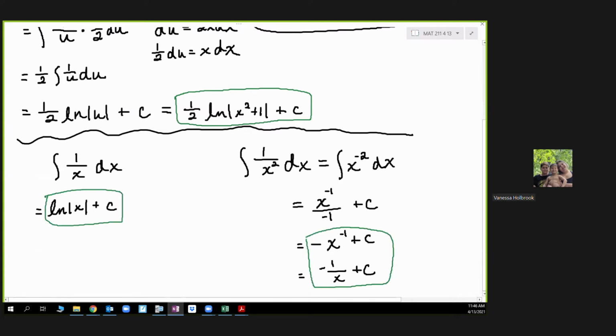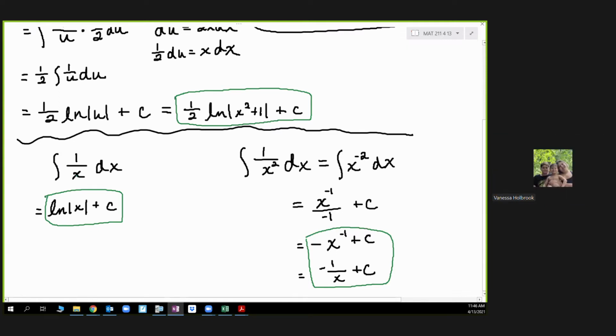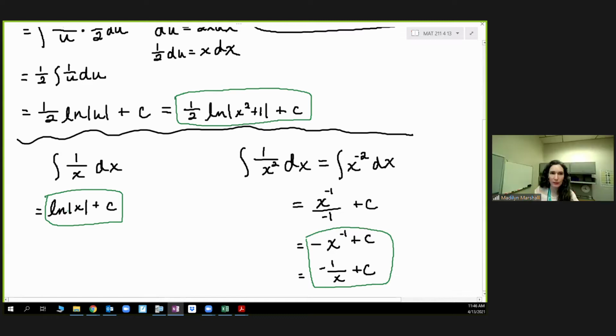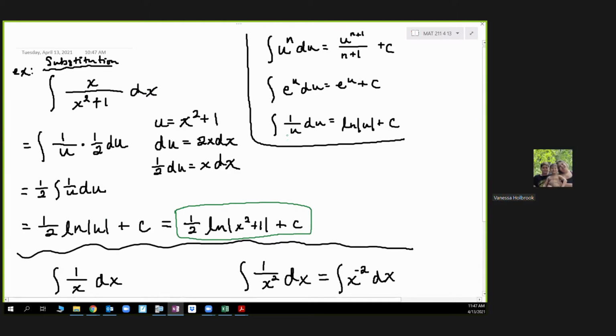So when we have a quotient in our integrands like this, if the denominator is just one thing and doesn't have an exponent on it, then that would be a natural log, because our natural log is always just 1 over the thing, whether it's a u or an x or a t or whatever it happens to be.